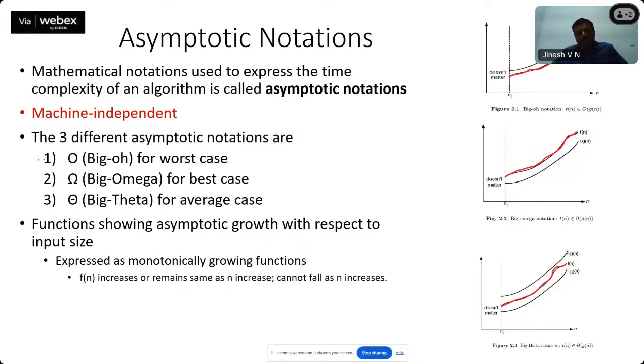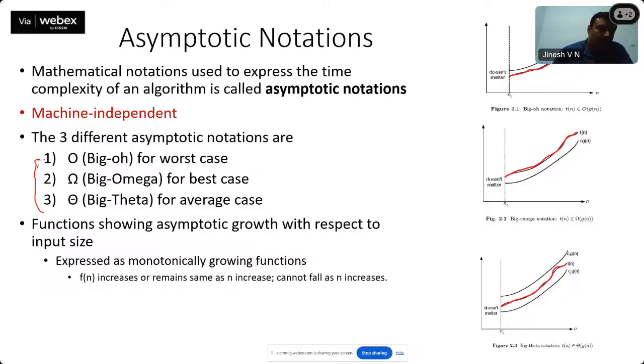So we will move into asymptotic notations. These are representation methods to show the efficiency of the system. Basically, we have three analysis notations: big O, big omega and theta.